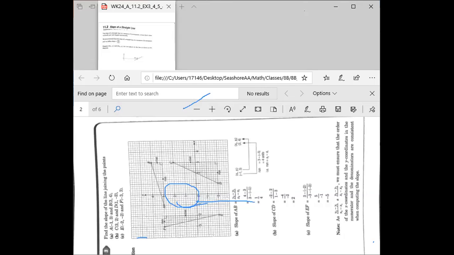Let me move to the slope of CD. Can everyone type the answer? What is the slope of CD?